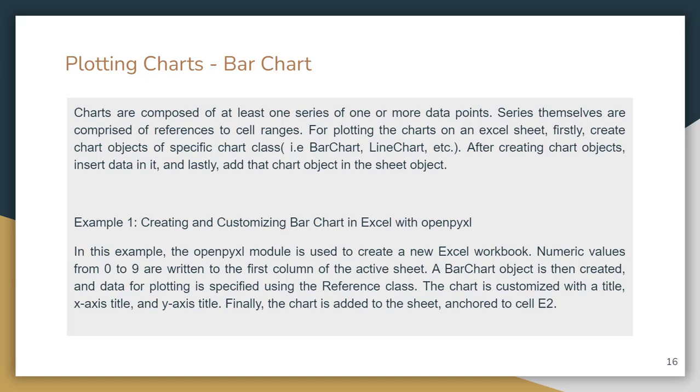A bar chart object is then created and data for plotting is specified using the Reference class. The chart is customized with a title, x-axis title and y-axis title. Finally, the chart is added to the sheet and anchored to the cell E2. That is, we are going to plot the chart in the E2 cell in Excel.